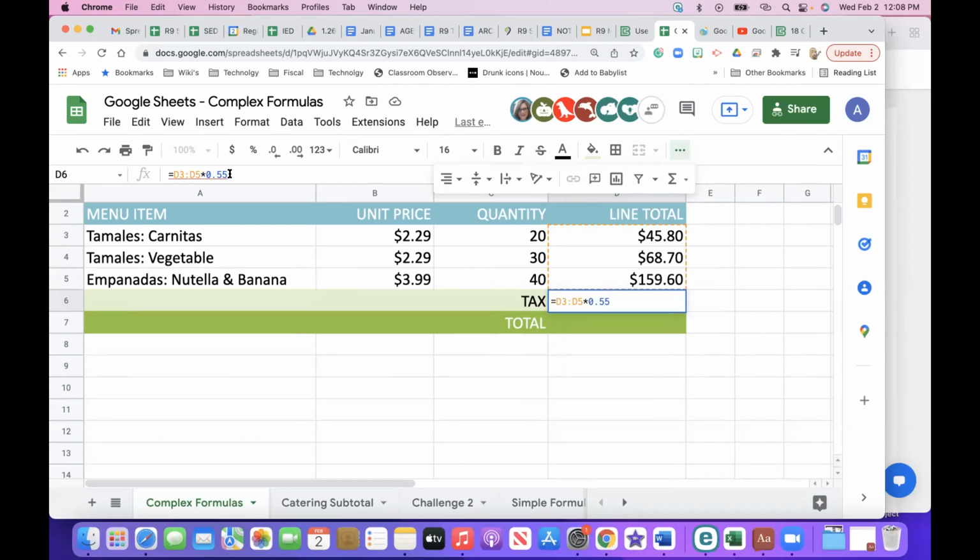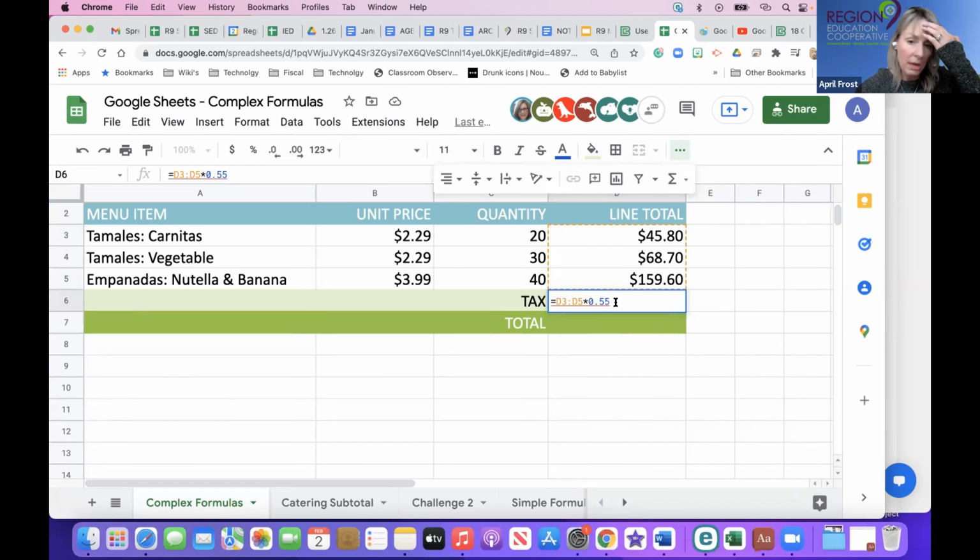Parentheses. Yes, thank you. Okay, so order of operations. This is a prime example of if I do not tell it what to calculate first, it's going to jump to the multiplication part, and we don't need to do that. We need to add up our line total first and multiply it by our percentage. So let's do this again.